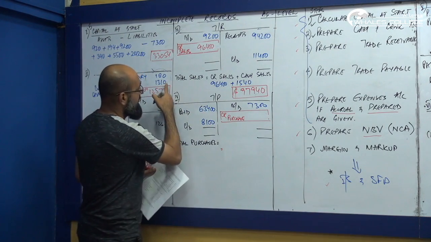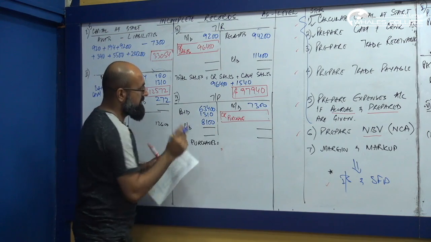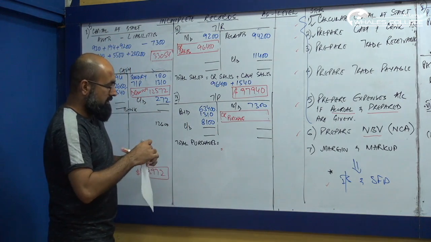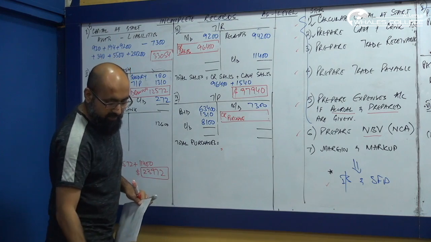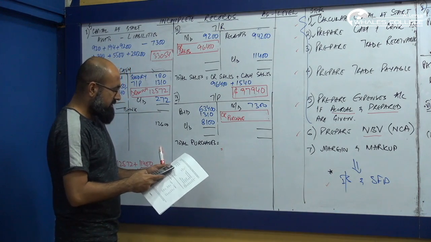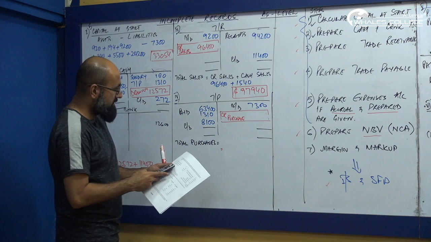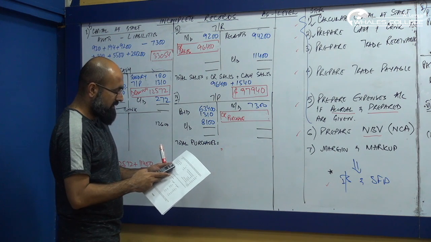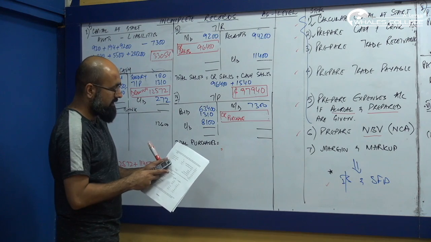63,400 and 1310. Add the greater side, subtract the shorter side. 63400 plus 1310 plus 8100 minus 7300.